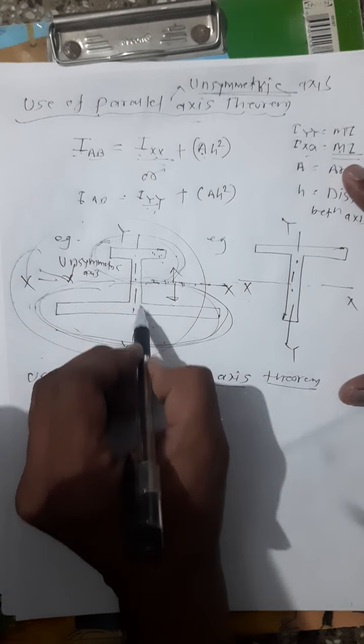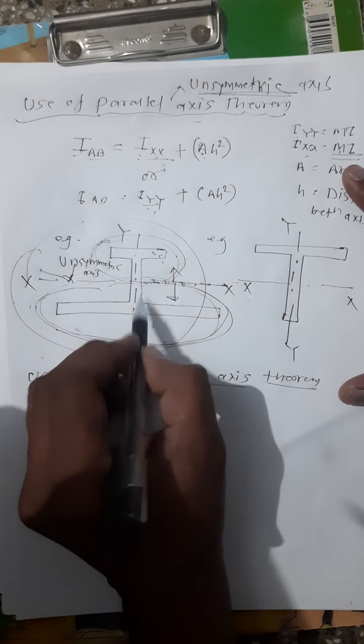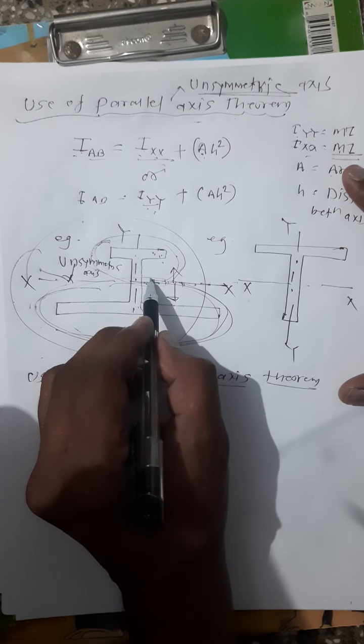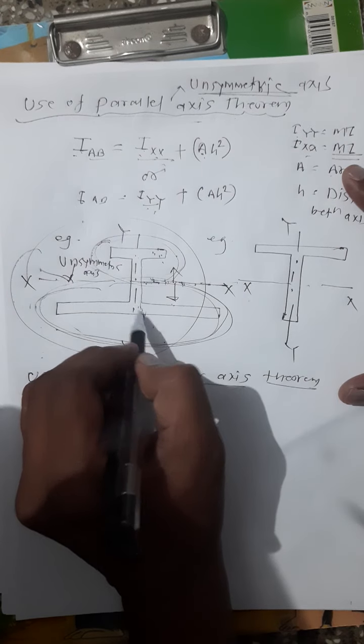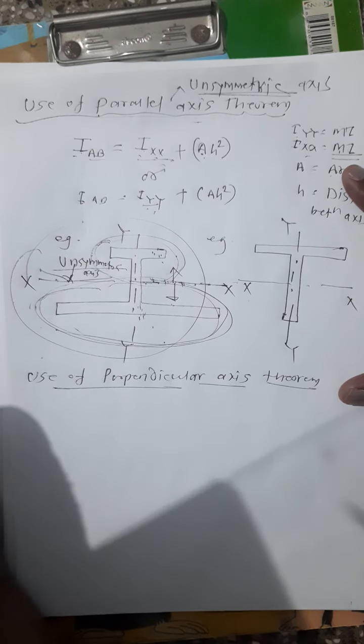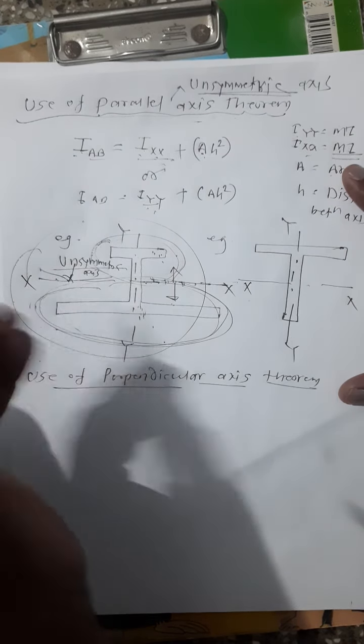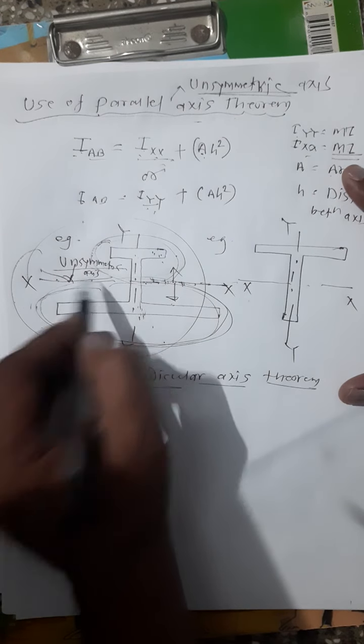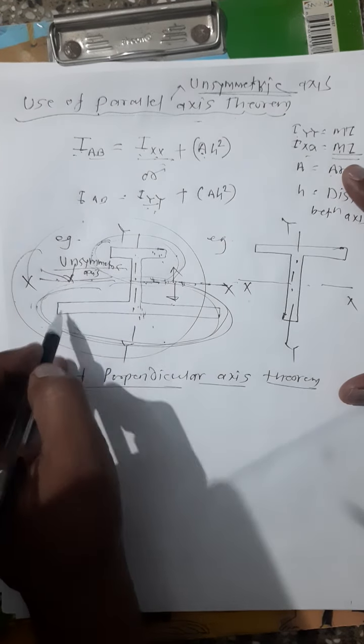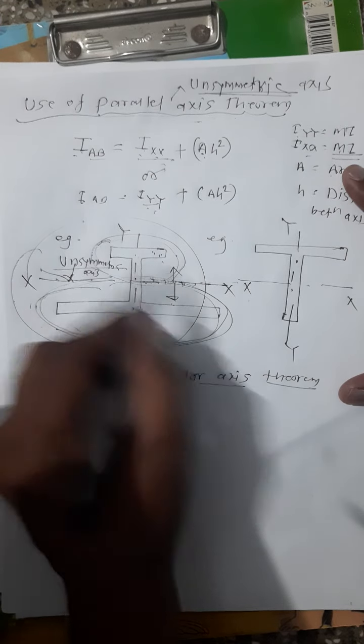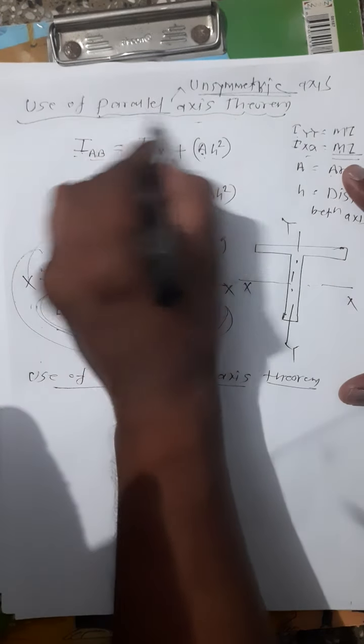So the difference in area about xx axis means it is an unsymmetric, imbalance axis. When we have this in any part of our area, that time you have to use parallel axis theorem.